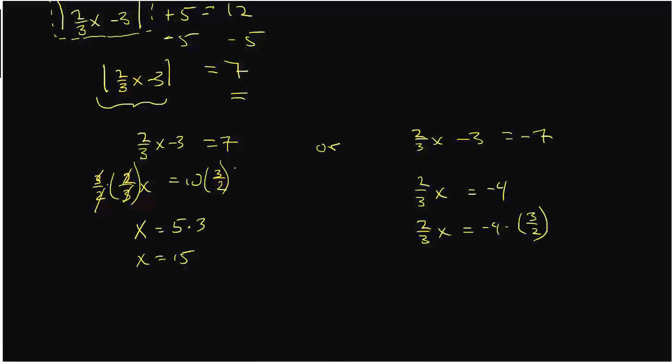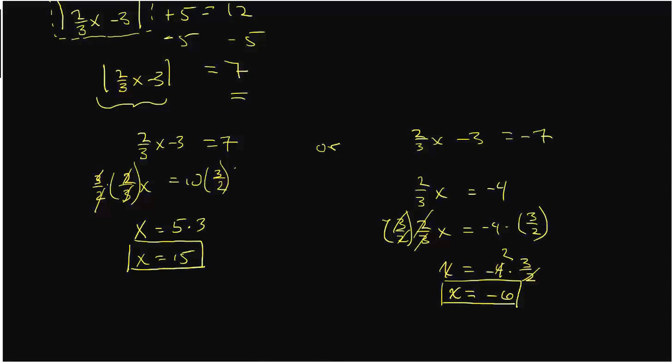Eliminating our fractions here, x will be equal to -4 times 3 over 2. 2 goes into 4 twice. And that gives me -2 times 3, which is -6. And again, we have two solutions.